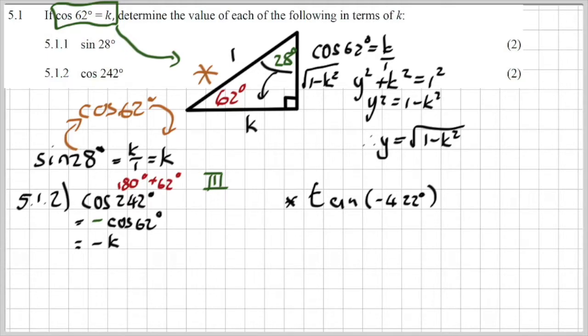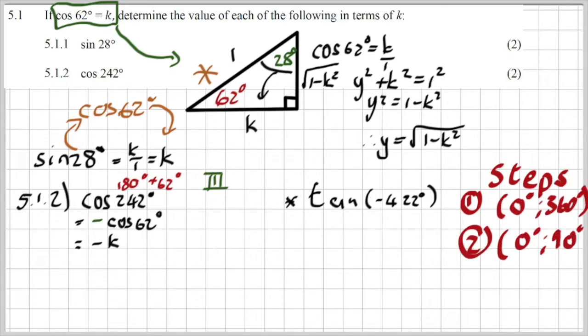Step 1, get my angle between 0 and 360. Step 2, get my angles between 0 and 90. So negative 422, I can add 360 twice, which gives me just tan of 298.